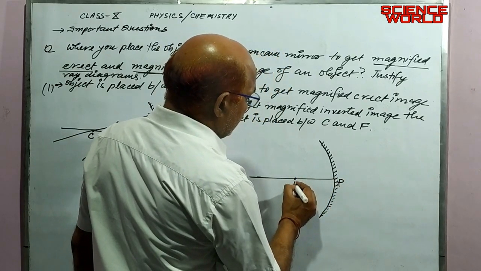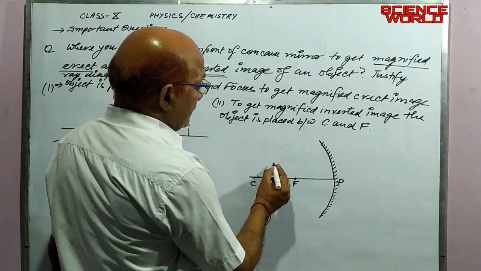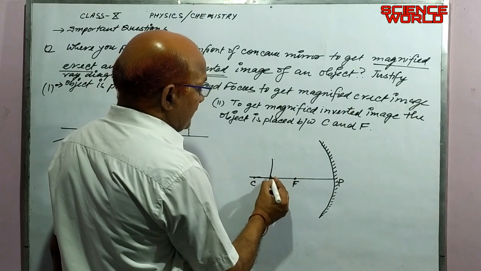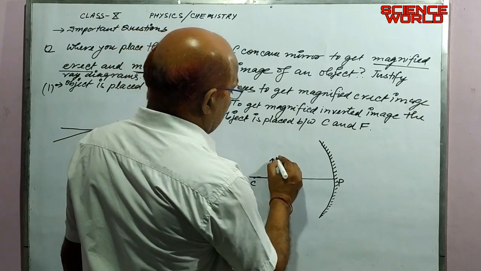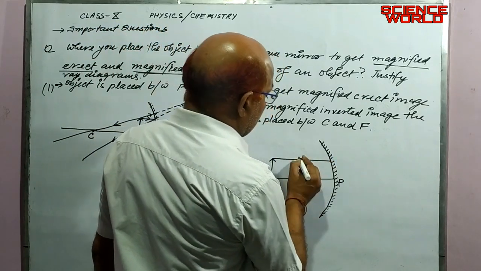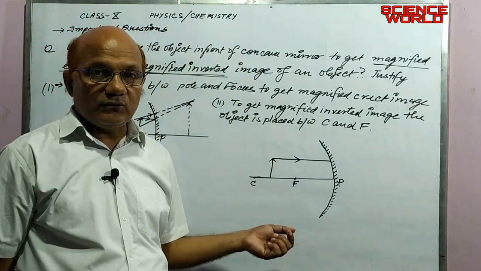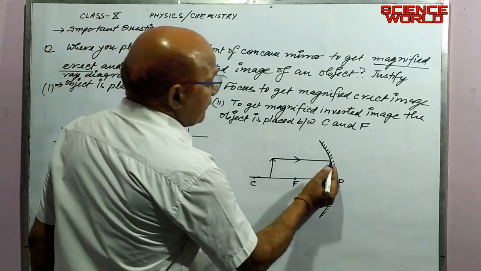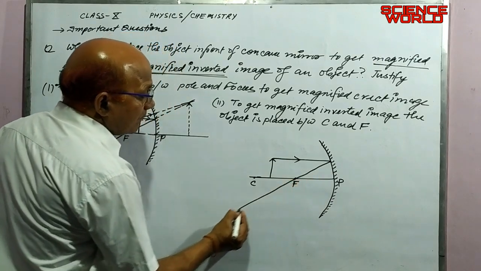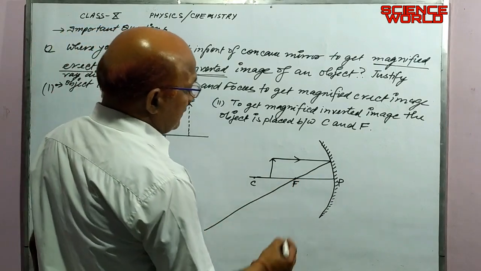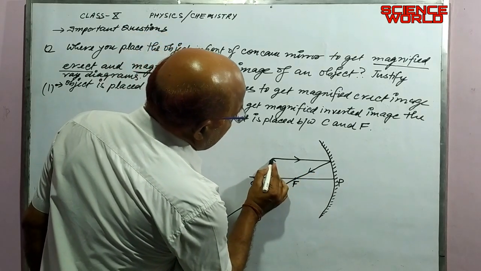This is pole, this is focus, and this is center of curvature. So when the object is placed between C and F, the image will be magnified inverted. So draw one ray parallel to the principal axis. After reflection, it will pass through focus, and pass another ray through focus.